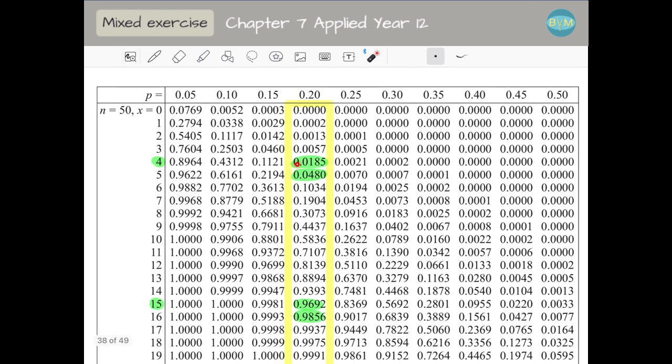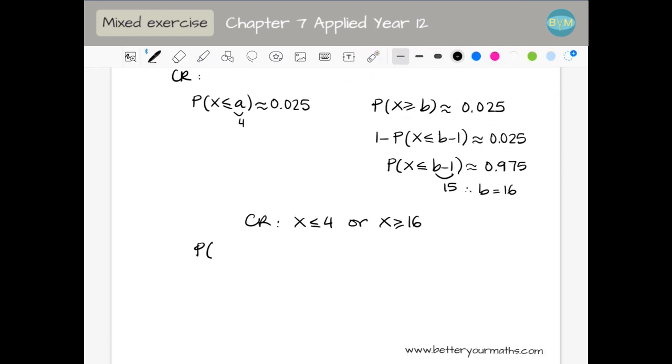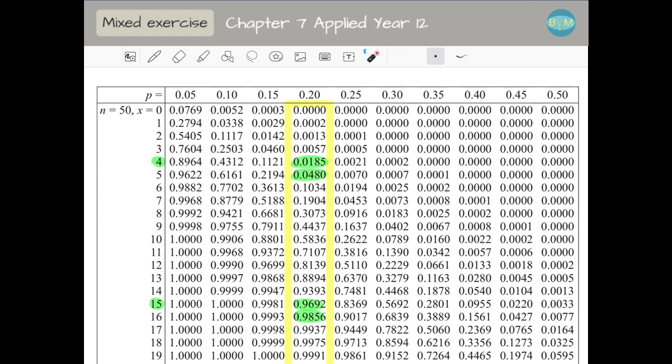The probability of X being smaller or equal than 4 is 0.0185. And then the probability of X being greater or equal than 16 is 1 minus the probability of X being smaller or equal than 15, which is 1 minus, and again we can go to the table because we have it.